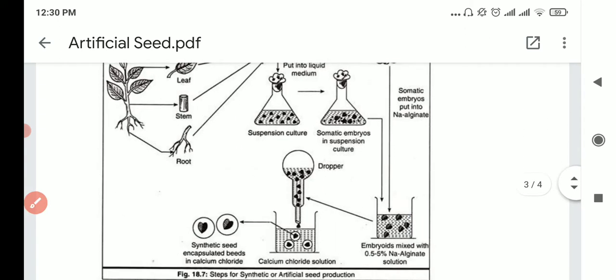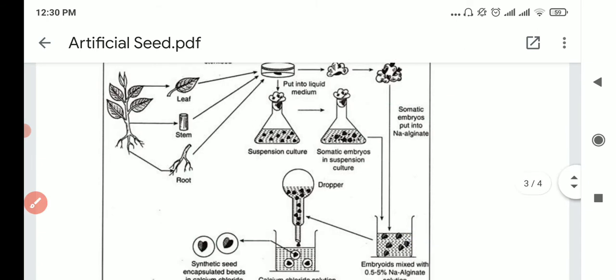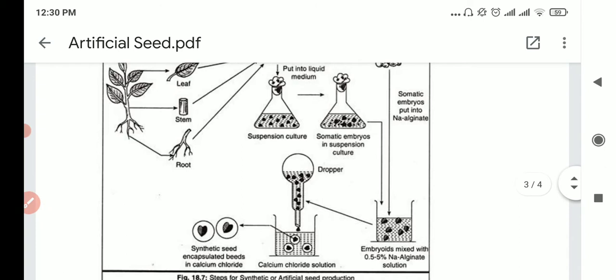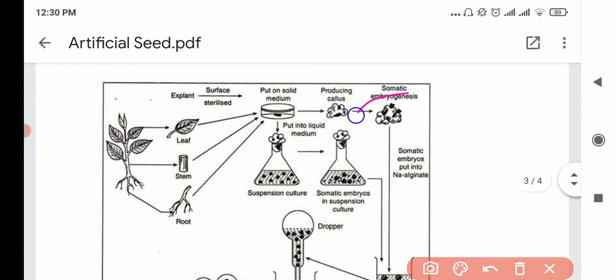Now this callus has formed, so you divide it into different parts, because this has become your somatic embryo. Remember I told you this callus has all the information ready. It is just like the zygote, which has all the information of the father and the mother and is ready to divide.